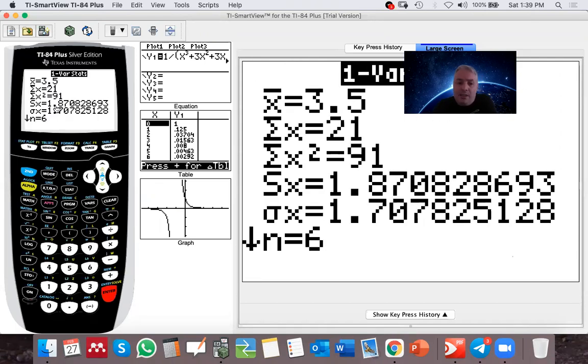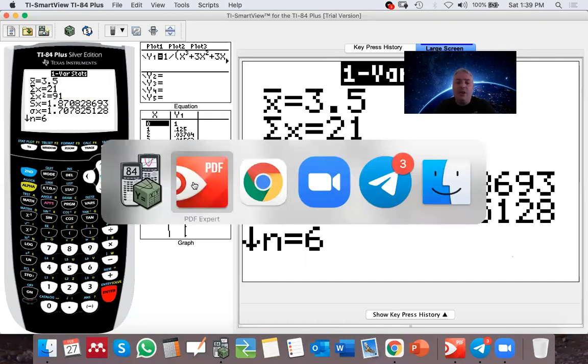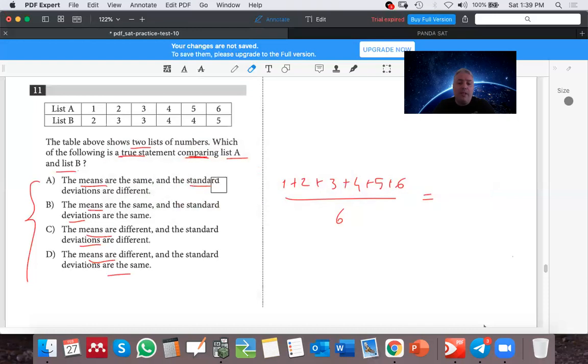Now, look, dear students, it calculates for me. X bar means mean. So the mean is 3.5. And standard deviation means Sx, 1.87. So let me take a note: 3.5 and 1.87, mean and standard deviation.